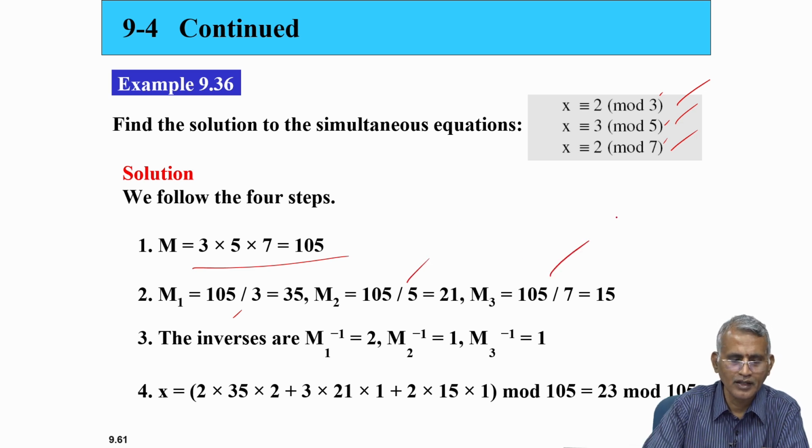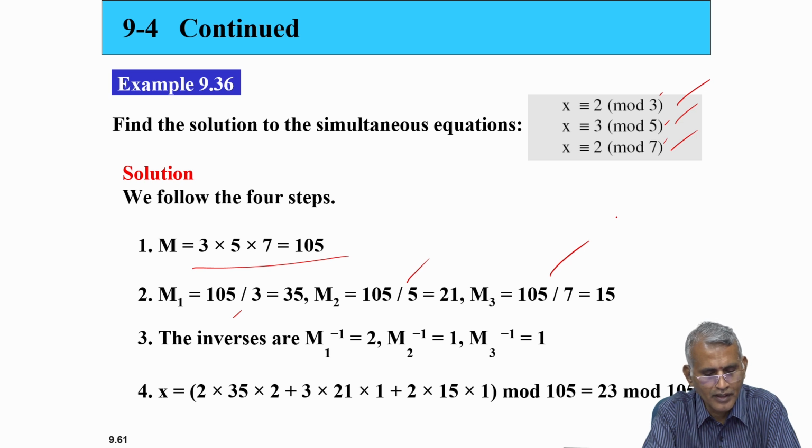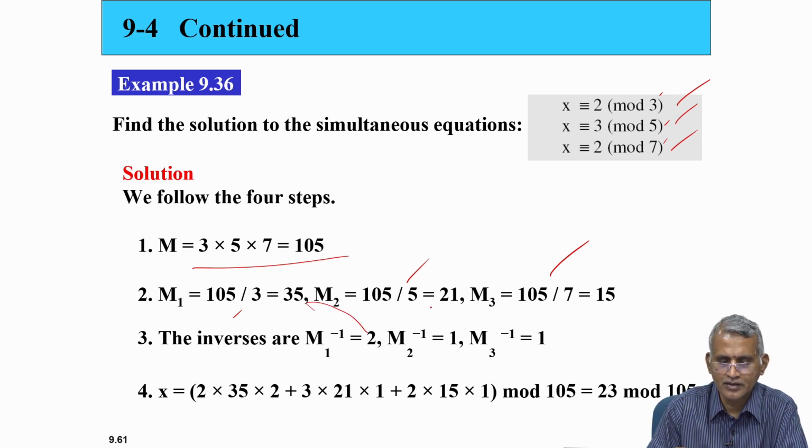So M1, M2, M3 can be determined, and we find the inverse of each. Simply substituting in the previous formula, you get x identically equal to 23 under modulo 105.